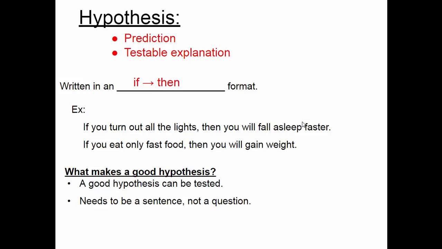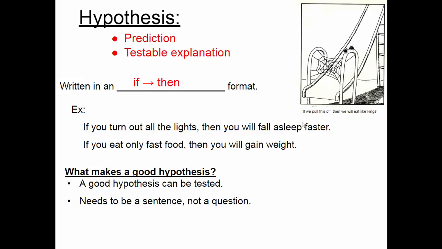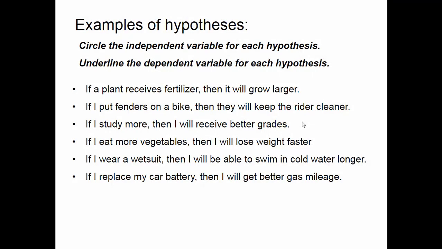The independent variable. And what's found in the then? The dependent variable. All right. If plants receive fertilizer, then they will grow larger. Circle the independent variable in that hypothesis.